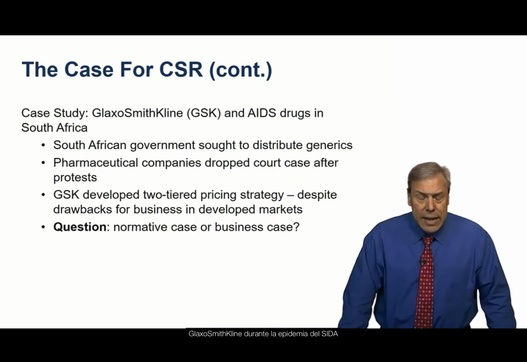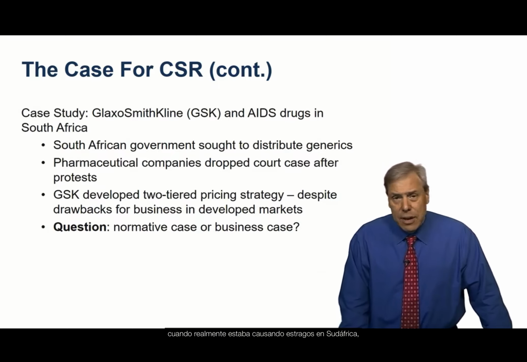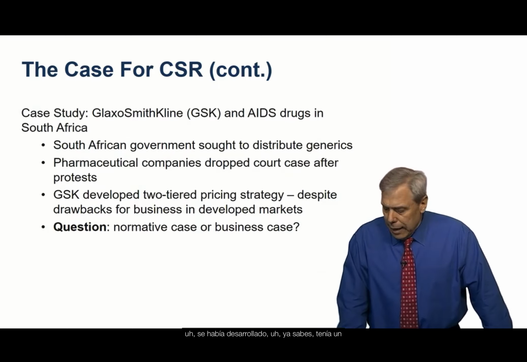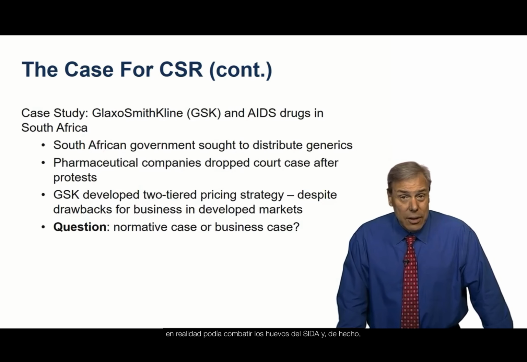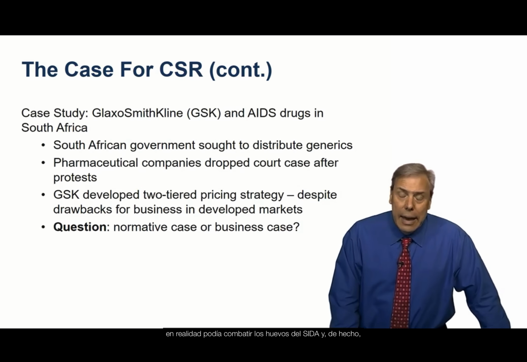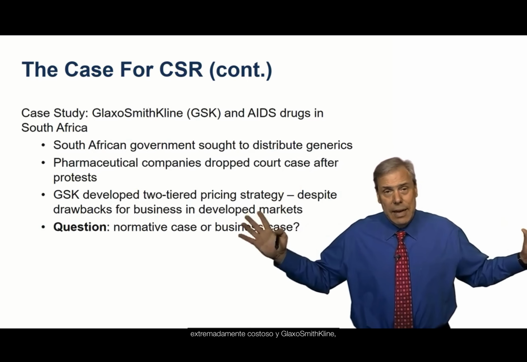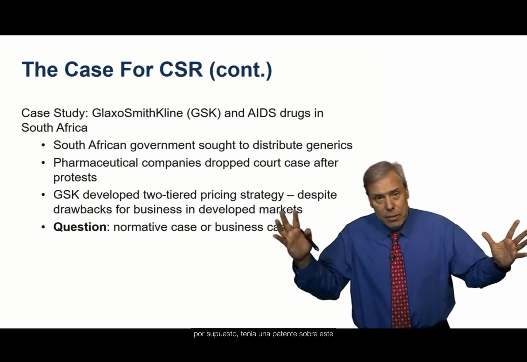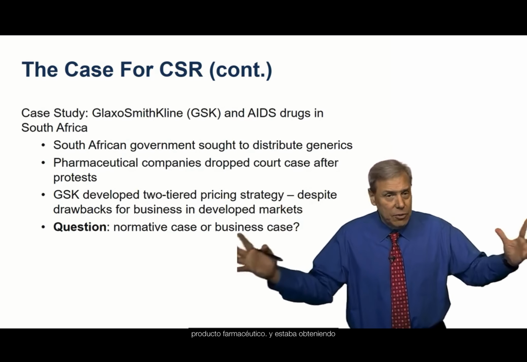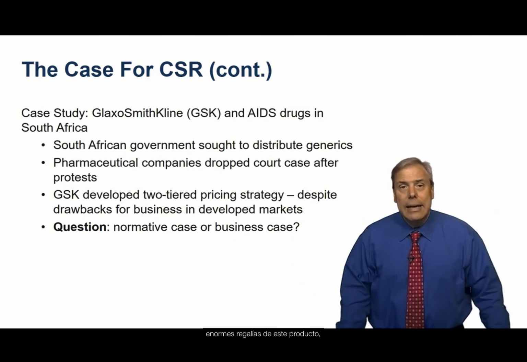GlaxoSmithKline, during the AIDS epidemic, when it was really raging in South Africa, had a pharmaceutical product that could actually combat AIDS, and was very effective at this, but it was extremely expensive. And GlaxoSmithKline, of course, had a patent on this pharmaceutical product and was getting huge royalties from this product.